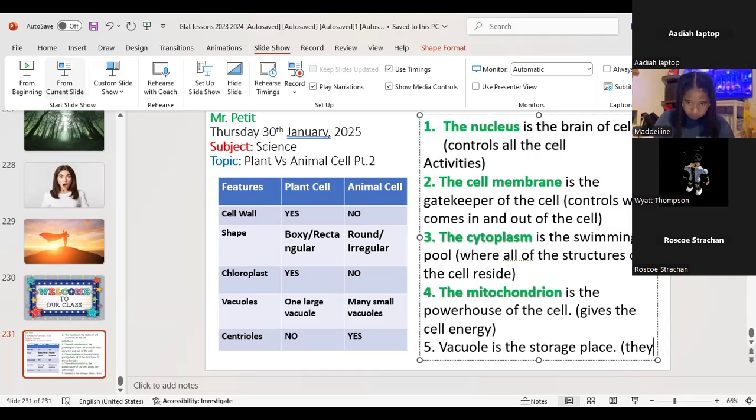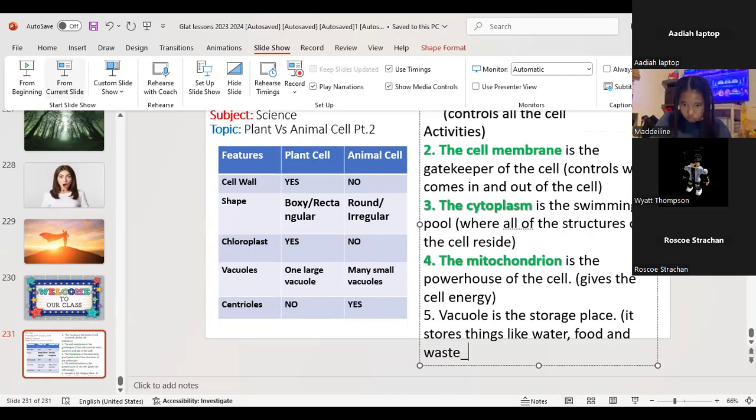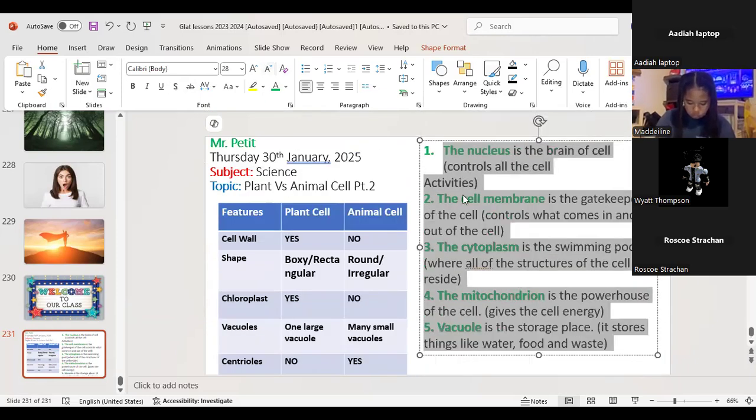It stores things like water, food, and waste. Good.